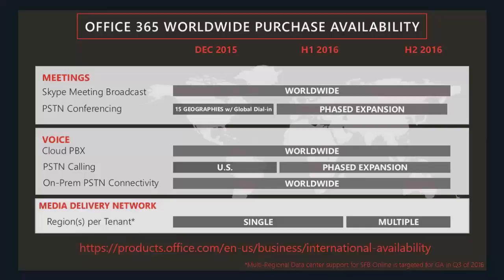So this is basically the real and full enterprise voice solution that we plan to have also in Skype for Business Online. Right now this feature is running in the US, but we plan a phased expansion also to other regions, meaning in this case EMEA.